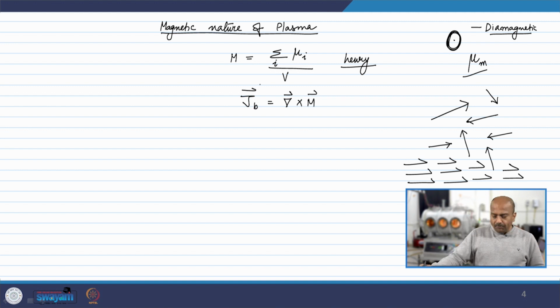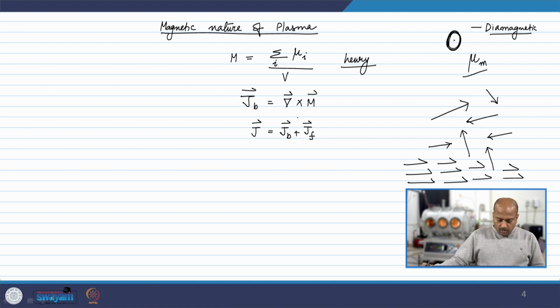So, in vacuum, we must include all the effects of free or any external applied currents such as Jf. So, Jb is the bound current density, but we need to also have a provision for any external current density or free current density. So, we can write the total current density J as Jb plus Jf.